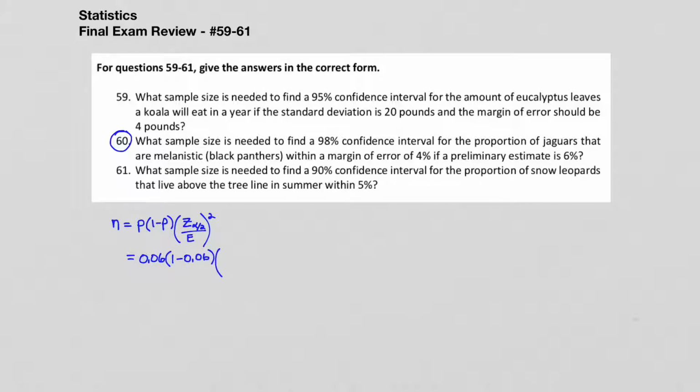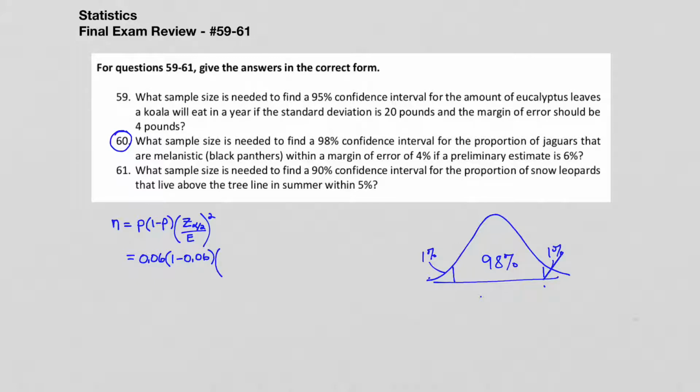And then I need to calculate z sub alpha over 2 for this problem. In this case, we are looking for a 98% confidence interval. So I'm going to do what I did for the last problem. Draw my normal distribution, and now I have 98% in the center. So that means I have 1% in both the left and right hand tails.